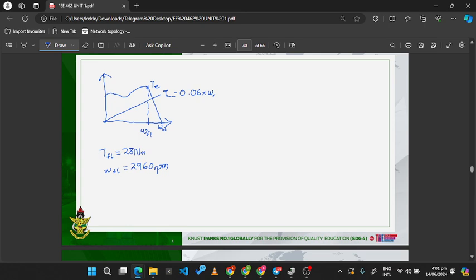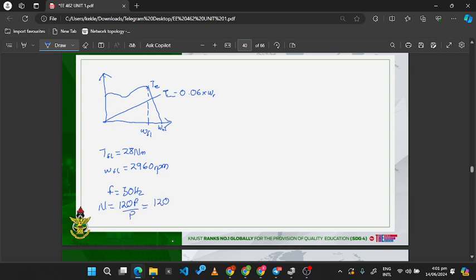Then at no load, the no load speed of the motor will be equal to the synchronous speed. Since our frequency is 50 hertz, we know the synchronous speed can be given by 120 f over p, where p is the number of poles.